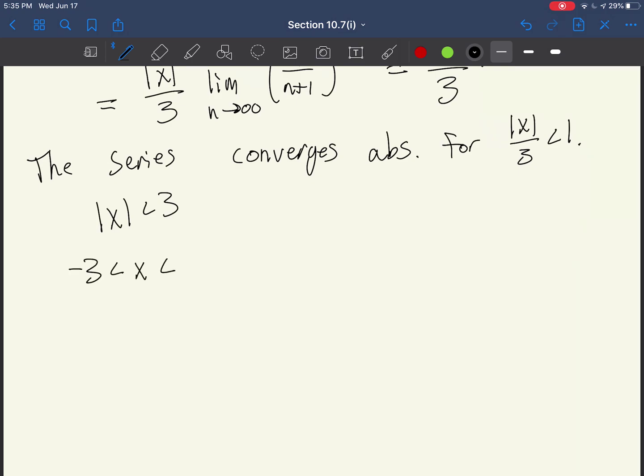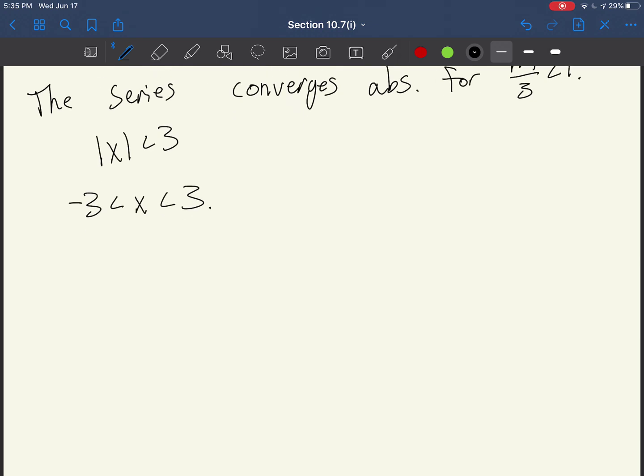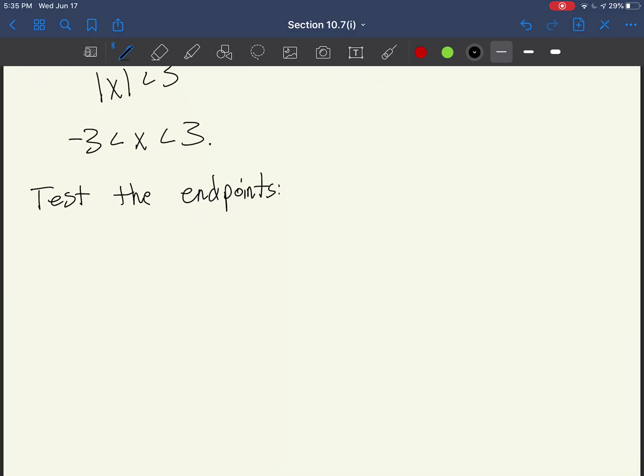We get the absolute value of x is less than 3. And that means negative 3 is less than x is less than 3. We now need to test the endpoints. The endpoints would be 3 and negative 3.